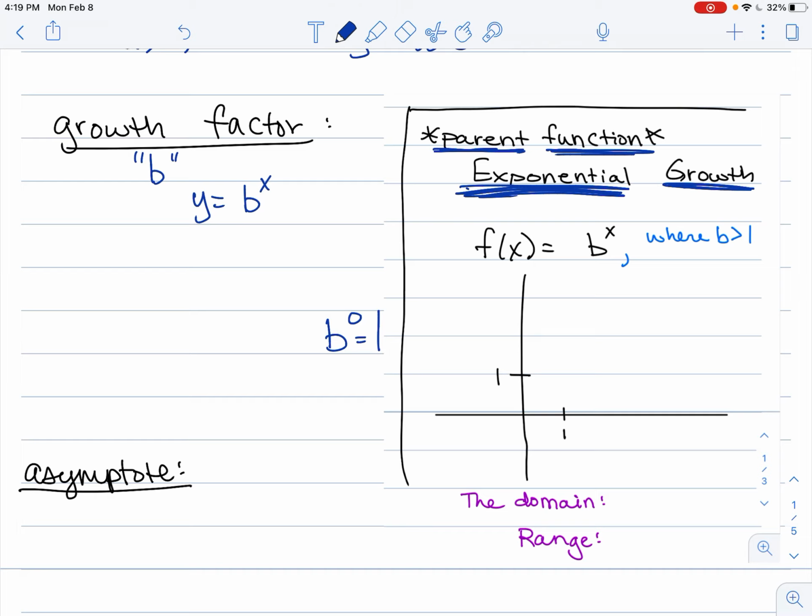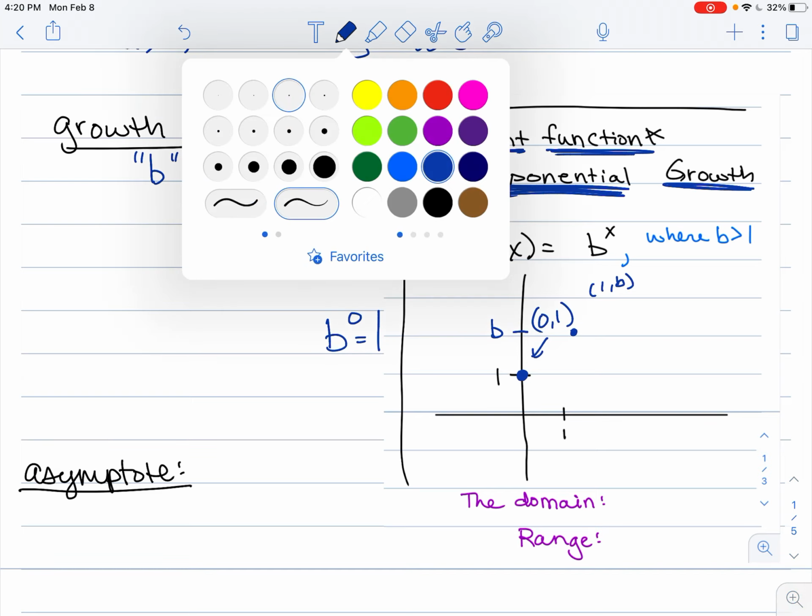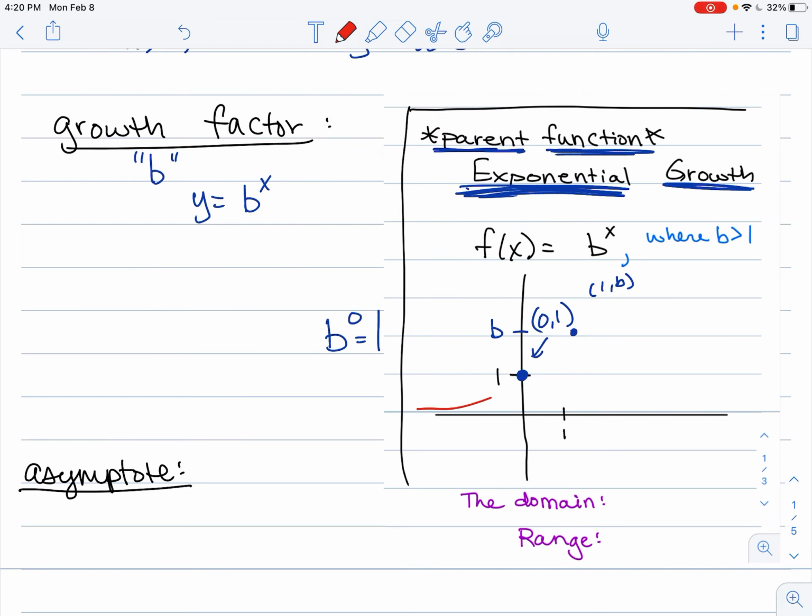So anytime x is 0, that point is going to be (0, 1) every single time. The second point will be (1, b), whatever b is. And from there, it will grow. So it will look like this.